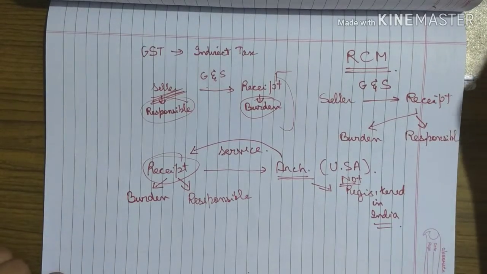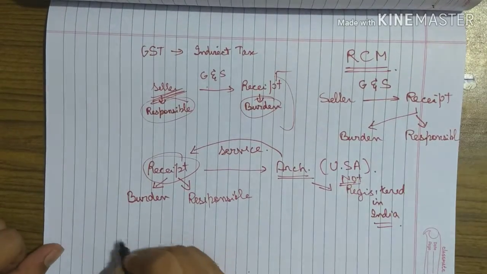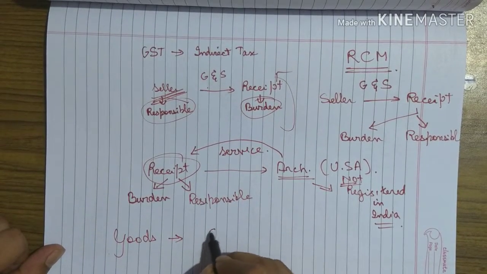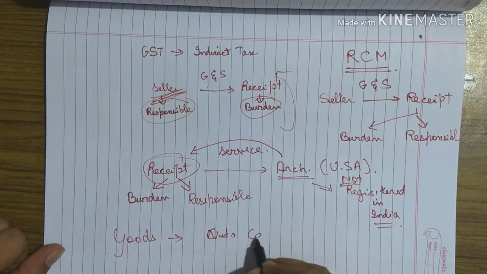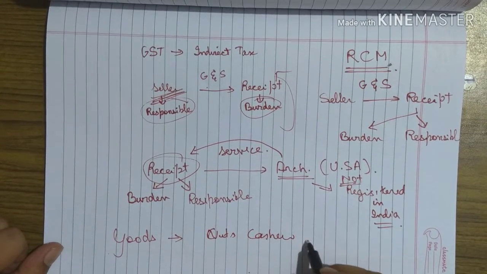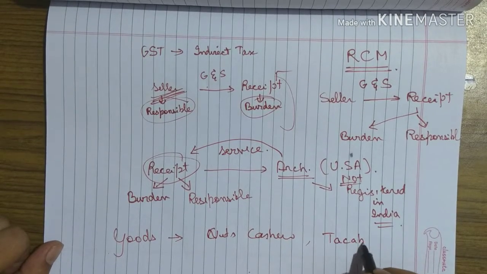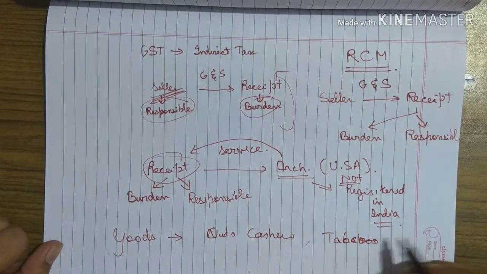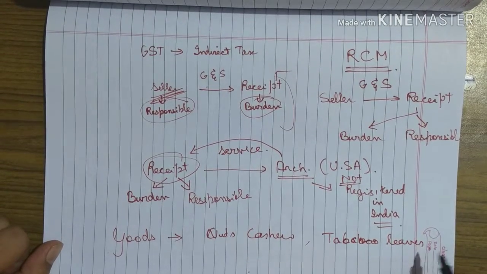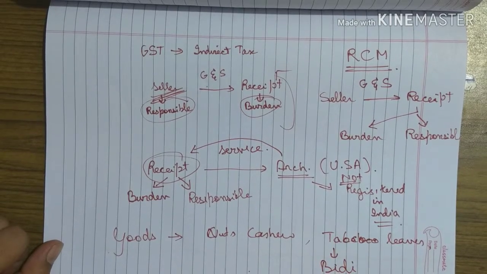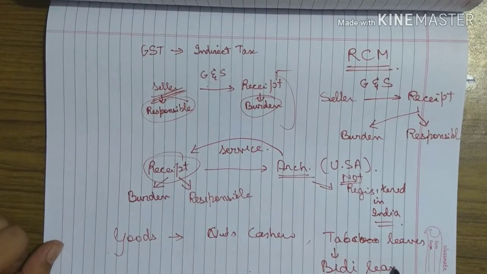Let's see in which cases RCM applies. In case of goods, these include cashew nuts and tobacco leaves. Tobacco leaves will also include beedi leaves.